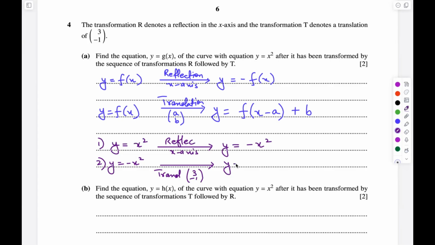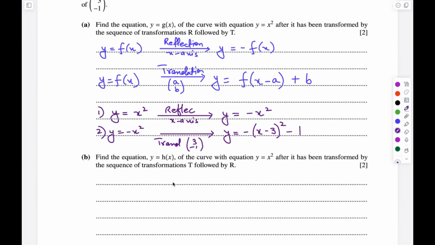So this equation will be written as y equals minus (x minus 3) squared, which represents a translation of 3 units in the x direction, and minus 1 represents a translation of minus 1 in the y direction. So the final equation will be y equals minus (x minus 3) whole squared minus 1.